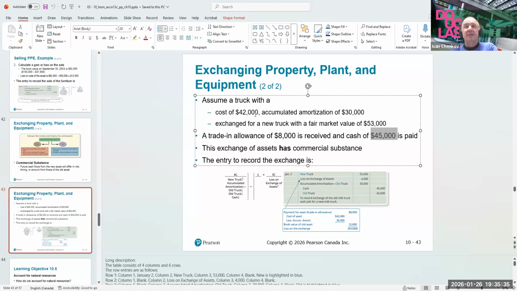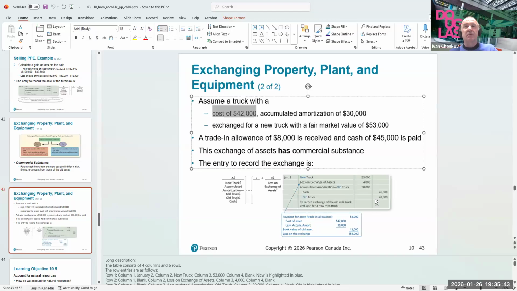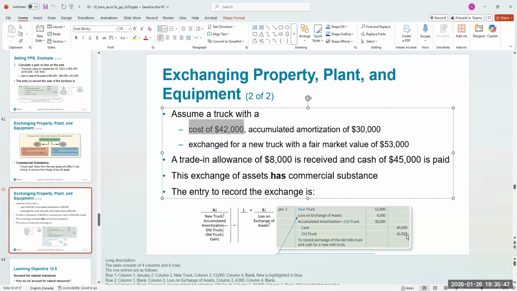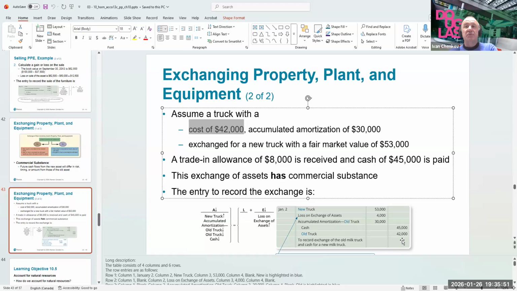In this case, first, the old asset is gone. 42,000 is credited to the old truck. That's gone. Correct? Accumulated amortization, which is related to this truck, is also gone. I'm debiting accumulated amortization 30,000. That's gone.